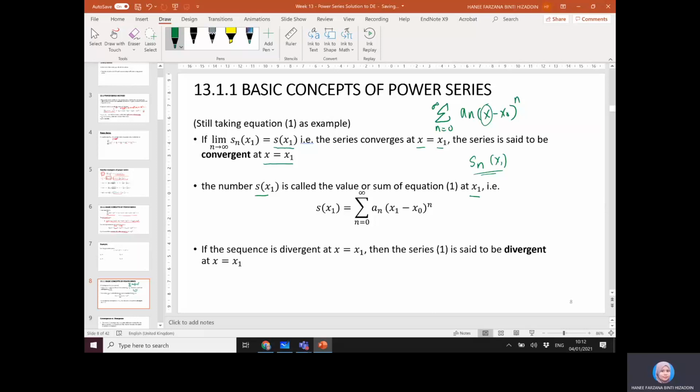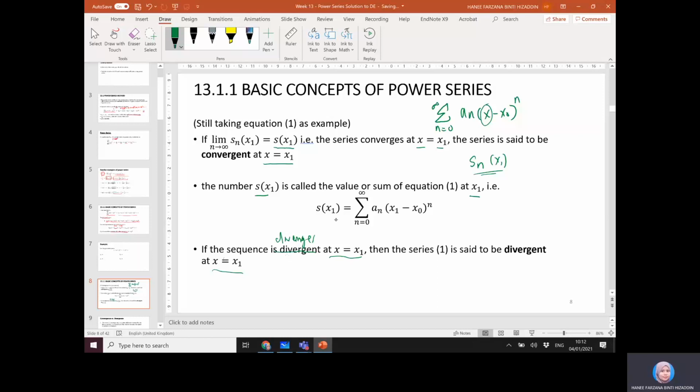However, if the sequence diverges at x equals x1, i.e. there's no defined number, as you see, when n approaches infinity there's no limit, then the series is said to be divergent at x equals x1.